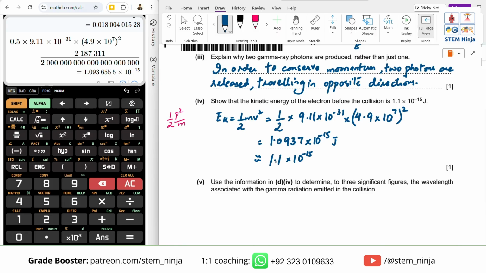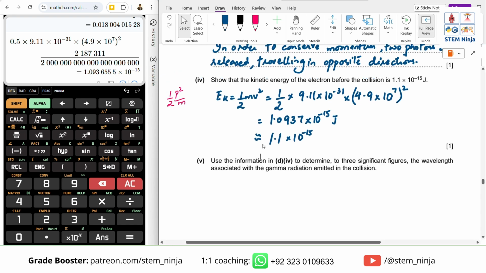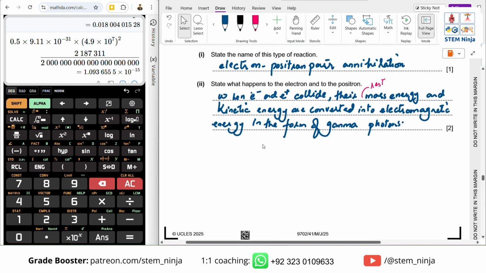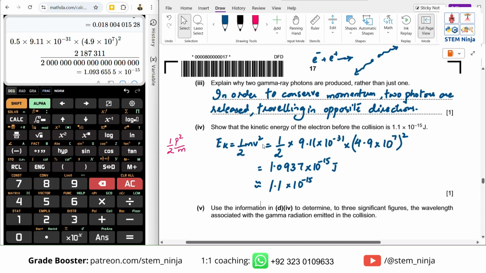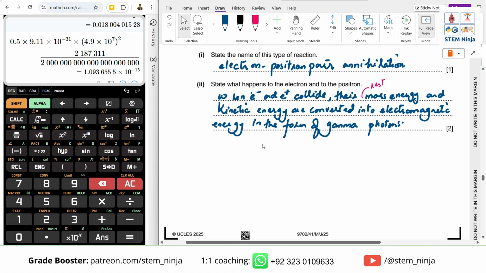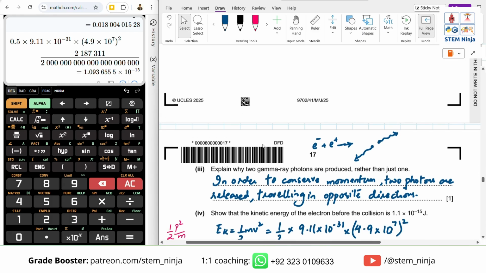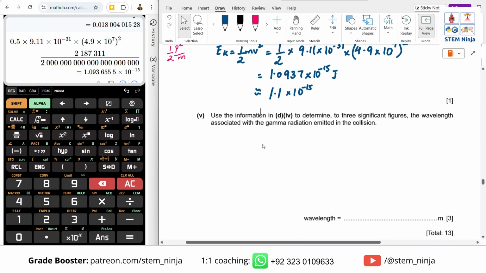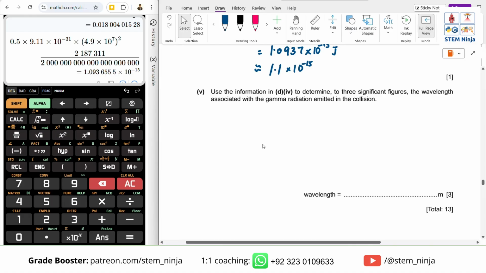Now, use the information in D4 to determine to three significant figures the wavelength associated with gamma radiation emitted in the collision. As we said before, the kinetic energy and rest mass energy are converted into two gamma photons. That's exactly what's happening here. But again, this was for an electron and positron, so electron and positron mass and kinetic energy converted into two gamma photons.